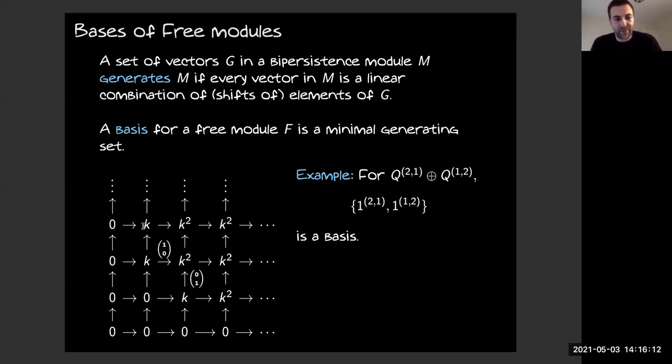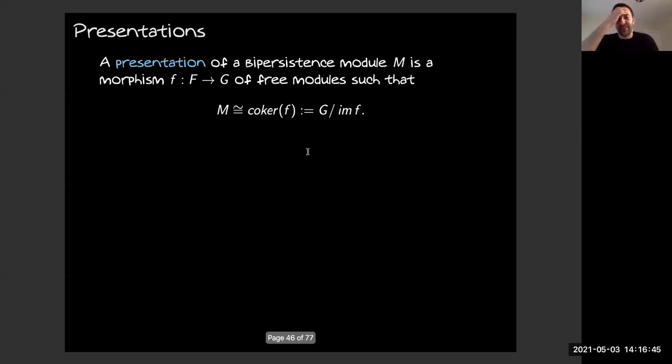I might have some elements of my generating set living over here, or over here, or over here. If I can shift them all forward into this vector space where the vector that I care about lives, and then express this vector as a linear combination of those shifted ones, that's what I want. If I can do this for every vector, then I say that this set of vectors generates. Again, a basis for the free module is a minimal generating set. If you speak algebra, this is essentially the natural and obvious thing.